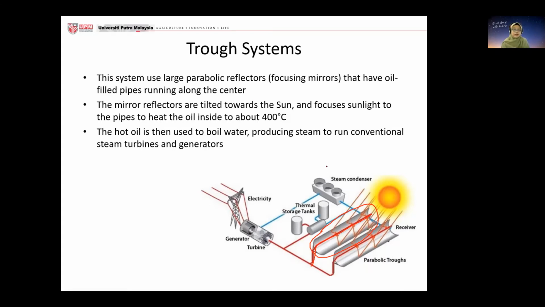The mirror will focus the sunlight into this tube. As the solar power is concentrated, it generates heat and the oil will get very hot, because it can achieve a temperature of around 400 degrees Celsius. Then the oil will be used to boil water and generate electricity using the turbine and generator.